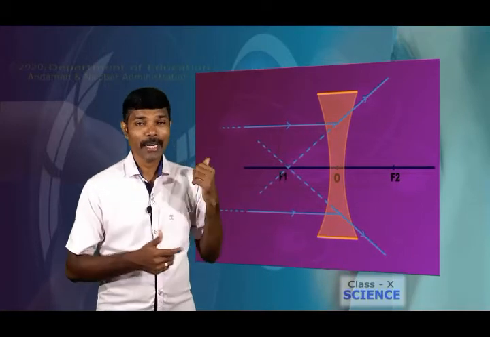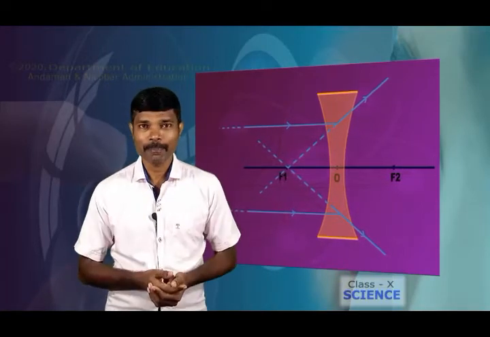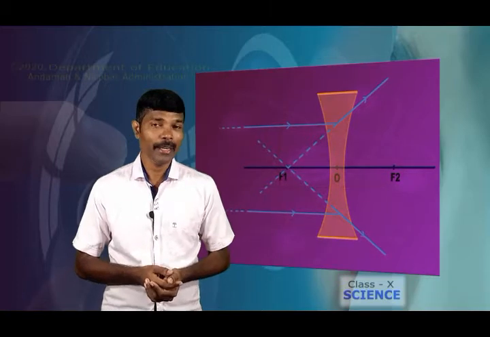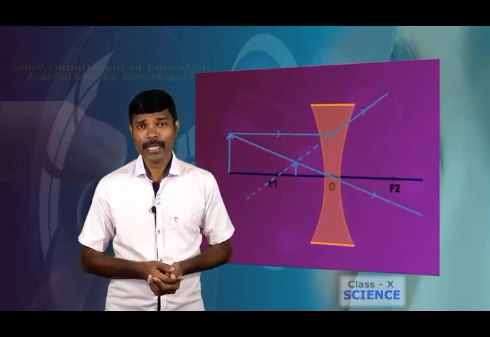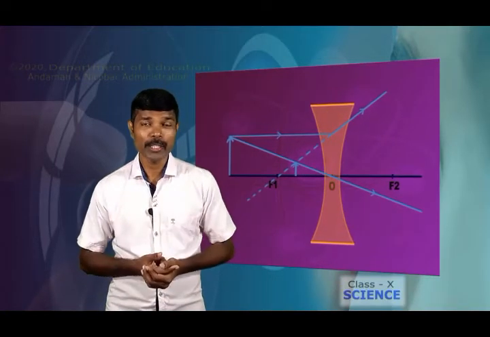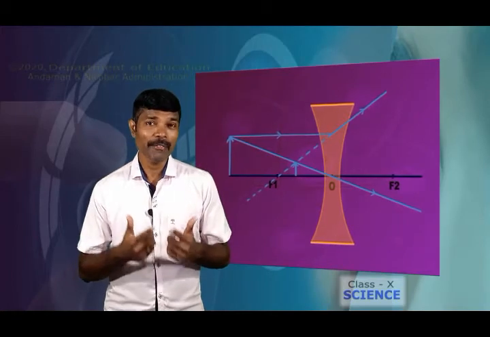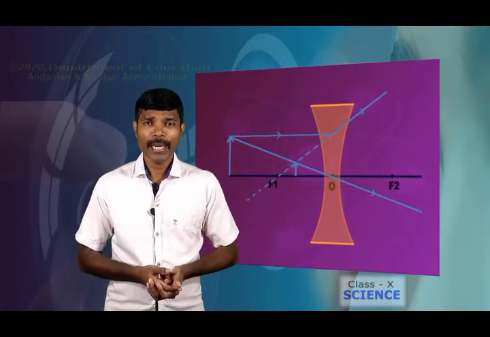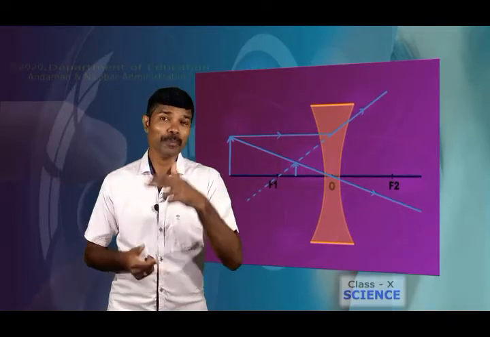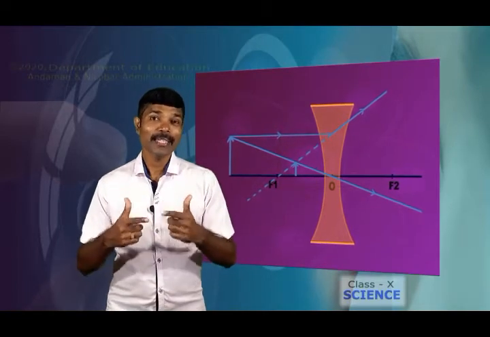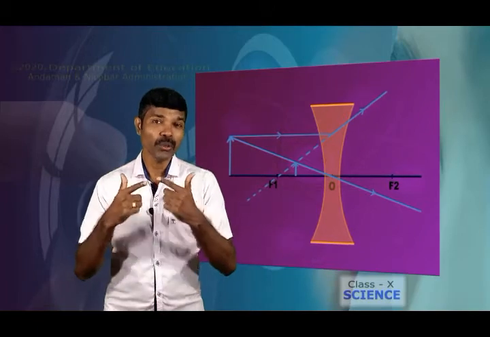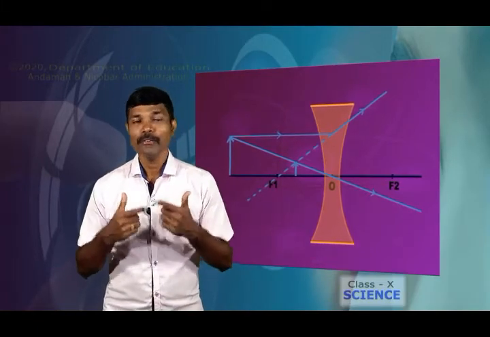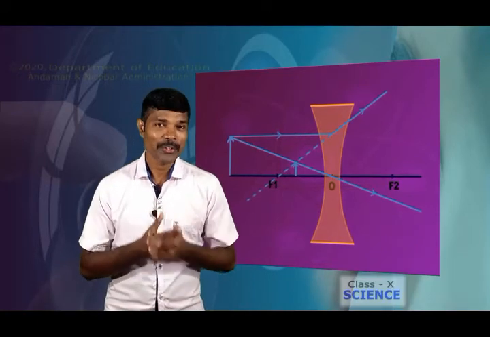Now we see the second position. When the object is kept between the optical center and infinity, what happens? The light rays which are parallel to the principal axis, we know, appear to diverge from the focus. But the light rays which are pointed towards the optical center, we know, do not show any deviation. Without deviation, they go straight.